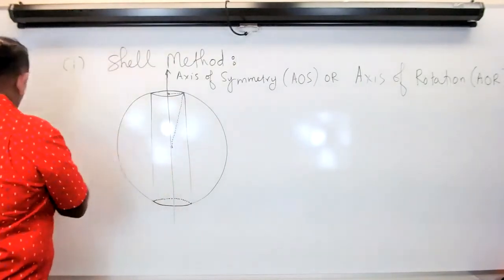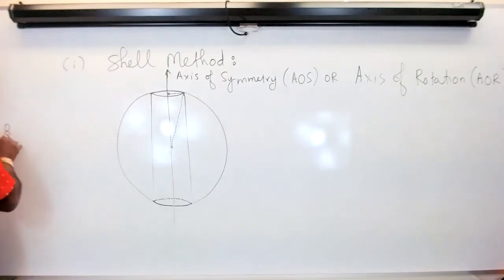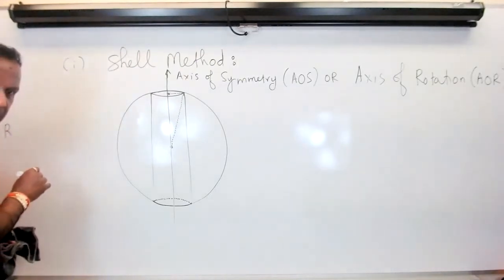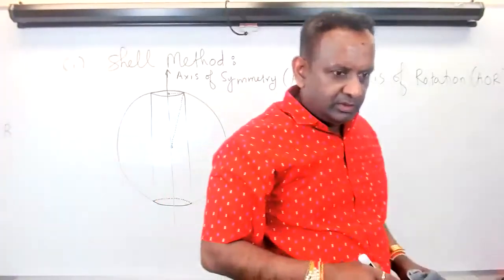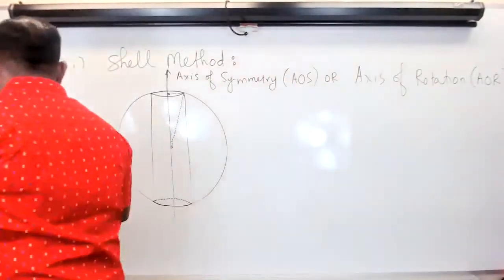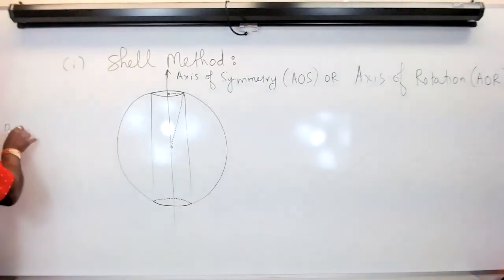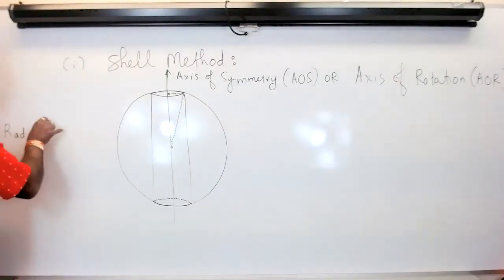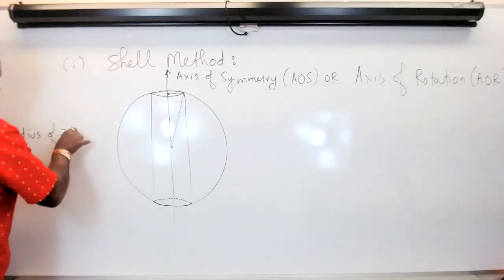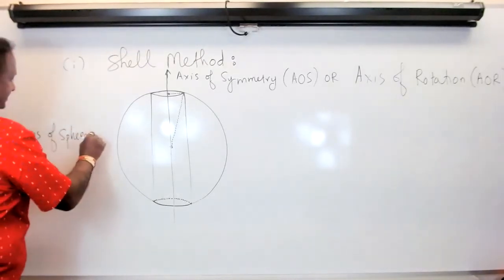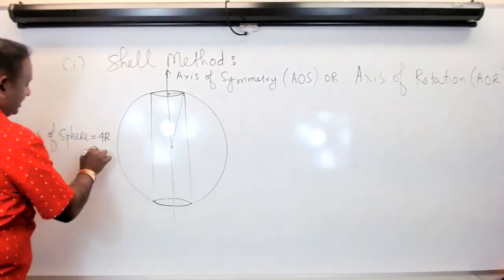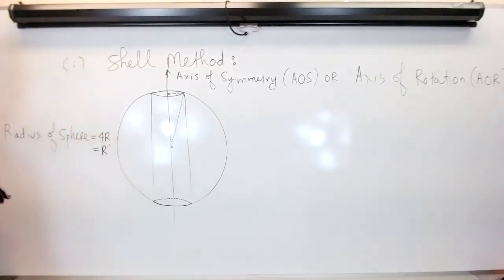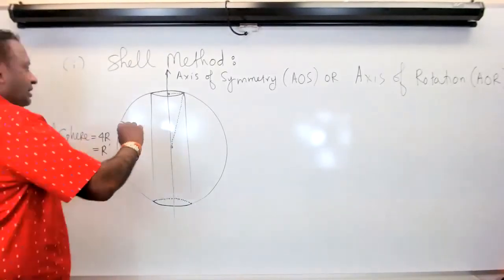So, the radius of the sphere is capital R. I'm going to denote that by R prime for my convenience. Later on, I can plug in values. So this is my capital R prime.